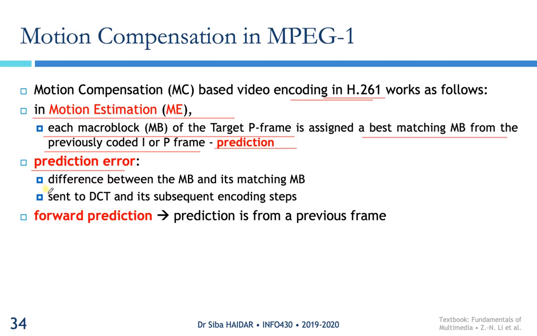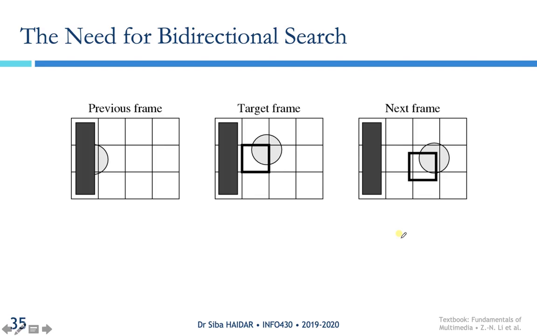Recall, this is the difference between the macro block and its matching macro block that we found in the motion compensation, sent to the DCT and its subsequent encoding steps, of course. This is the forward prediction. The forward prediction, as we have already explained also, is a prediction from a previous frame.